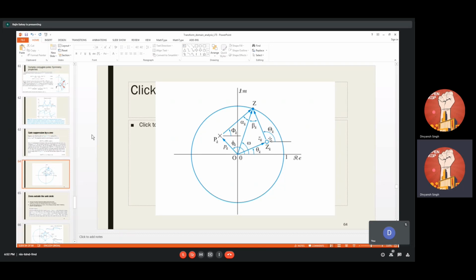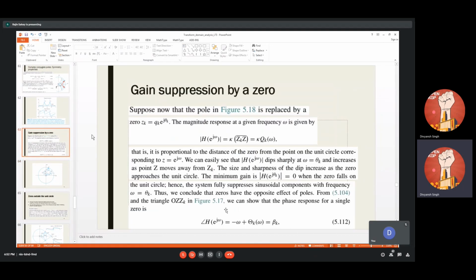Equate all the angles of this triangle to 180 degrees, and try to prove that this is true. So the modulus of H(e^{j omega}) is enhanced by a pole and suppressed by a zero. That is the conclusion that we have now reached.